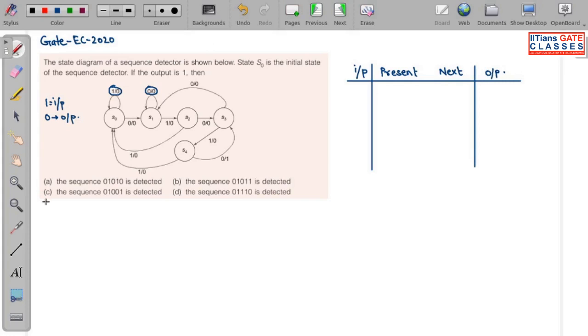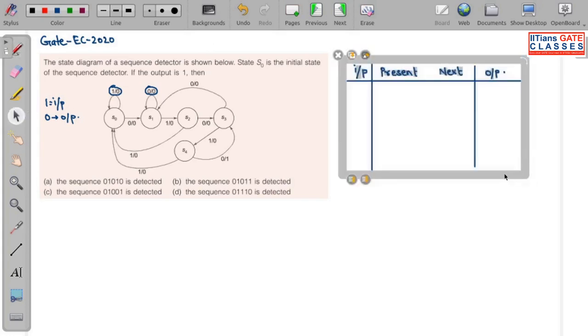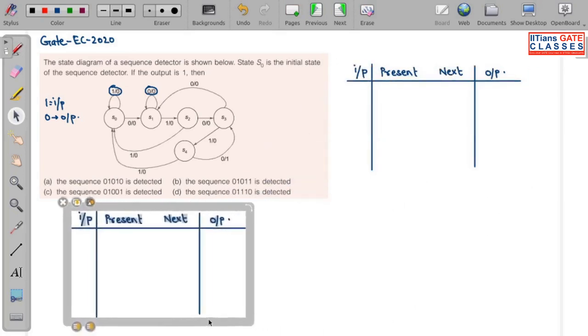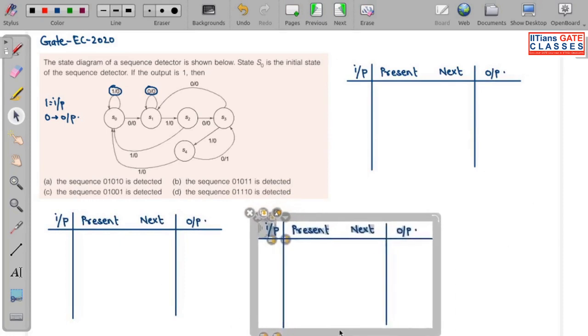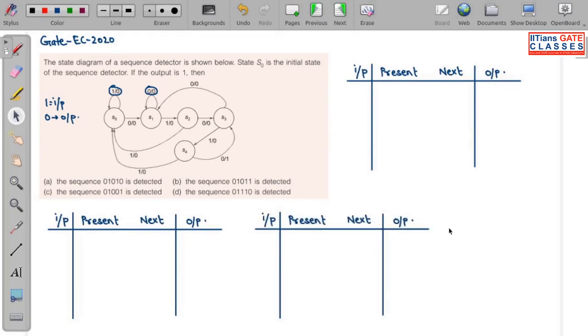First let me check option A, then option B, then option C. In option A, the input sequence is fixed. It is 0 1 0 1 0, and the present state given is S0. So look very carefully.